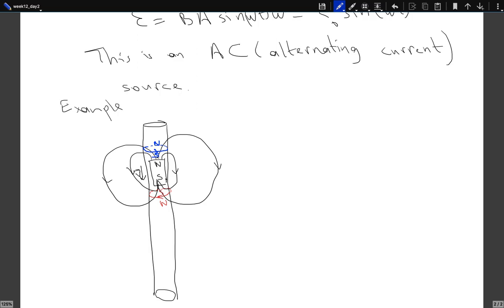The rate of change of flux is proportional to the speed. The larger the speed, the larger the induced EMF, and hence the larger the current running on the surface of the tube. But these currents will try to push the magnet upward.